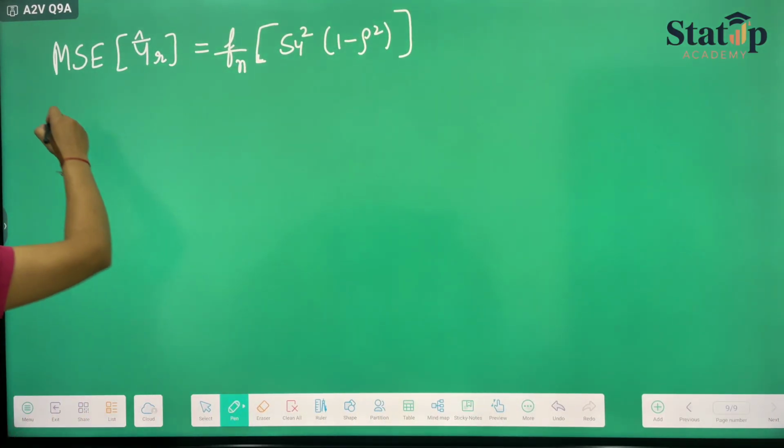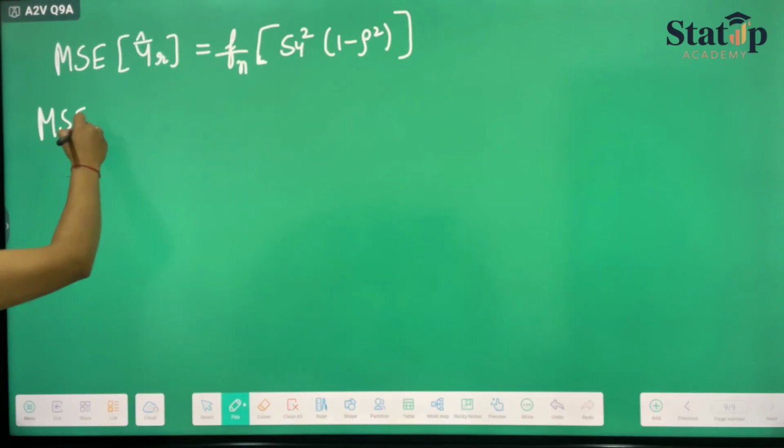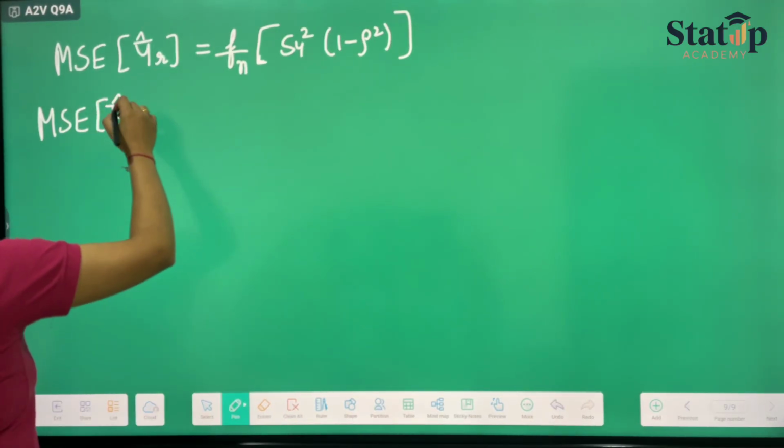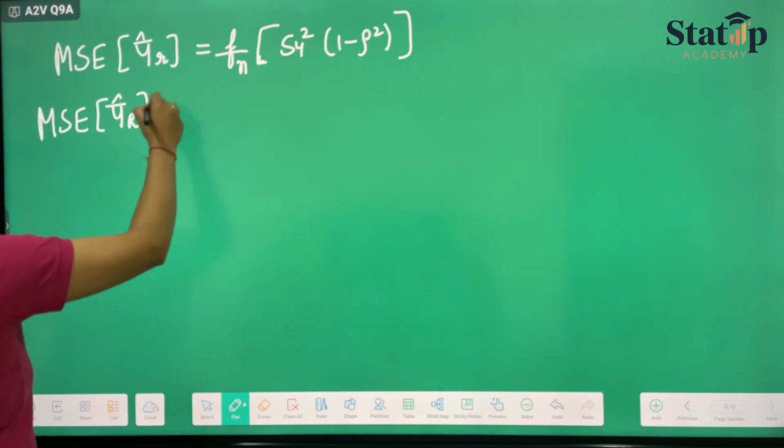Now taking the comparison, we will subtract mean square error of regression estimator from ratio estimator.